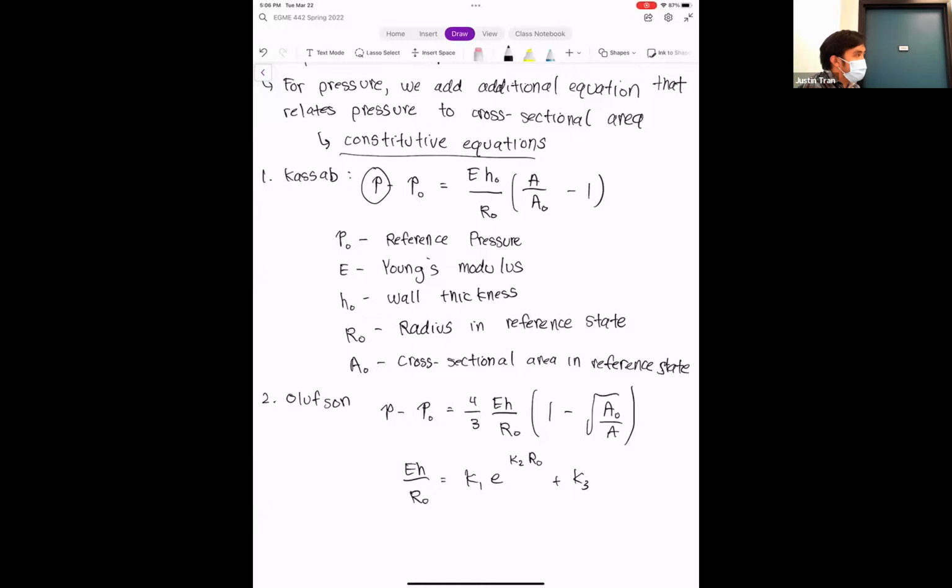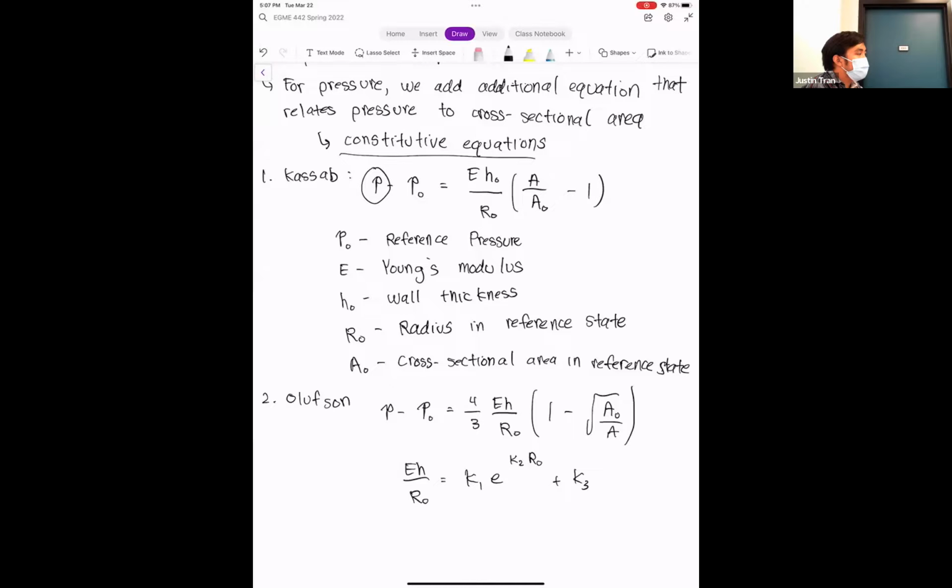Those are normally determined by experiments, on a material by material basis. So the Olufsen model gives you a little bit more customization in terms of how your constitutive model behaves, but it's still perfectly good.